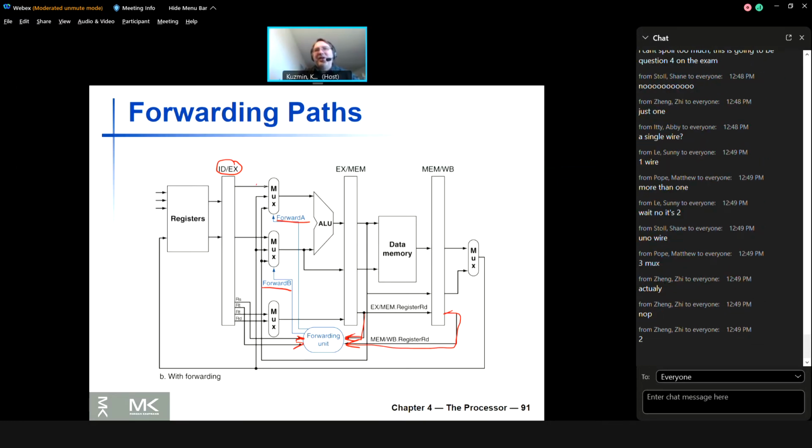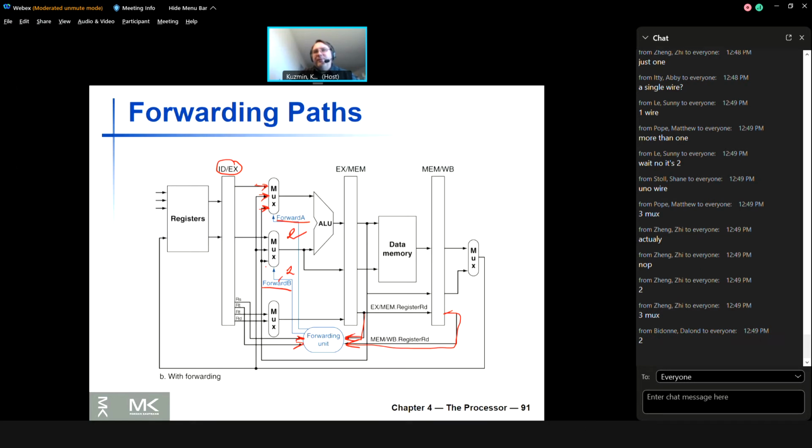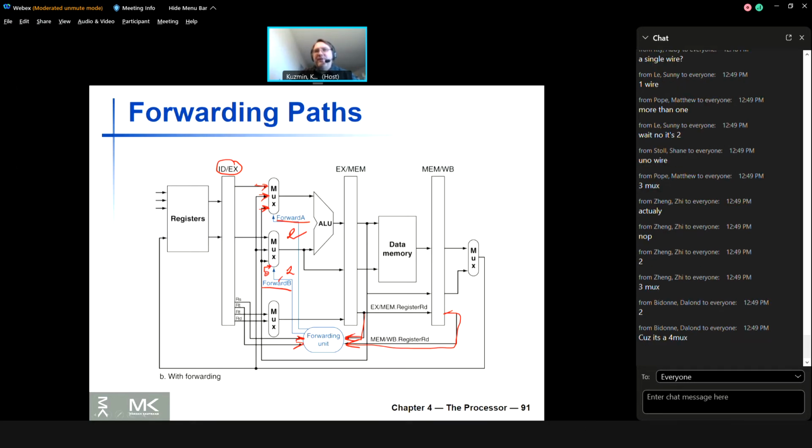Look, we have 3 inputs into the multiplexer. So the selector has got to be 2 wires, right? At least. Well, we don't need more than 2. It's a 4-input multiplexer with a 4th input that is not used, so we can think of it as being constant 0 or whatever, but it's a 4-input multiplexer, exactly.